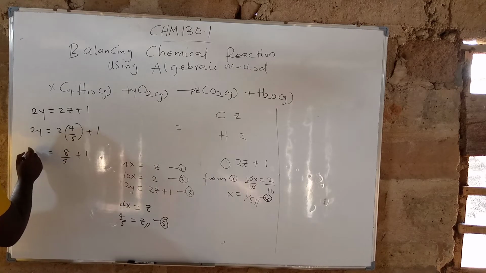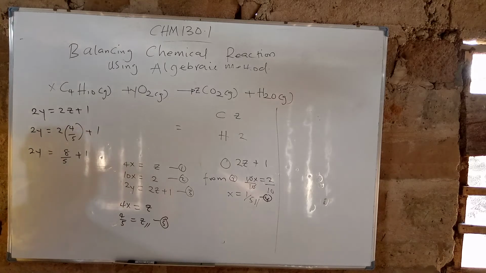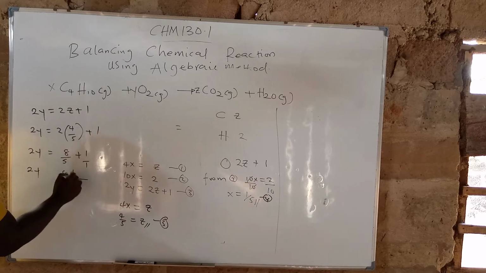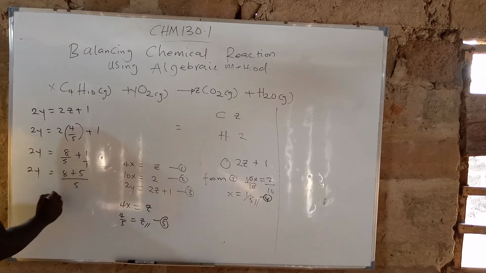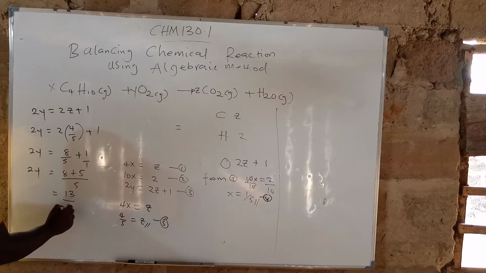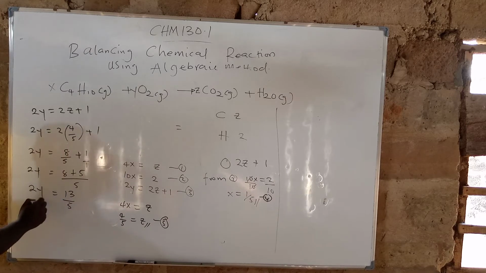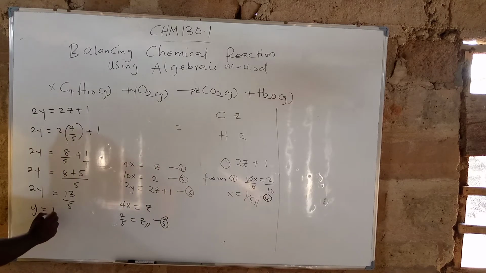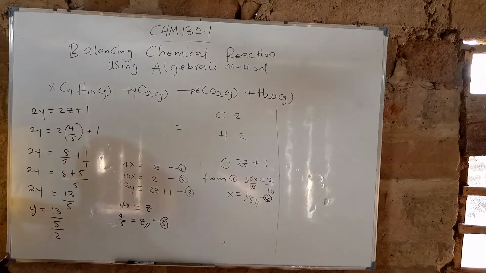So you have 2y, right? So the next thing is 2y. Here, LCM. We have 8 plus 5, and so you have 13 all over 5. So this is 2y. And so you want to make y the subject of the formula. Y is equal to 13 all over 5 divided by 2.